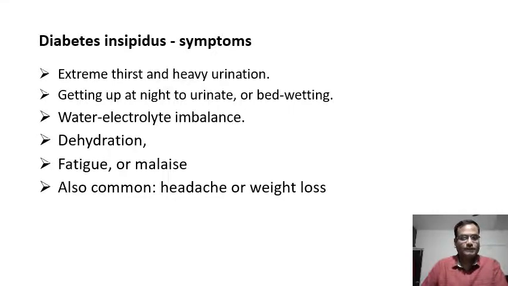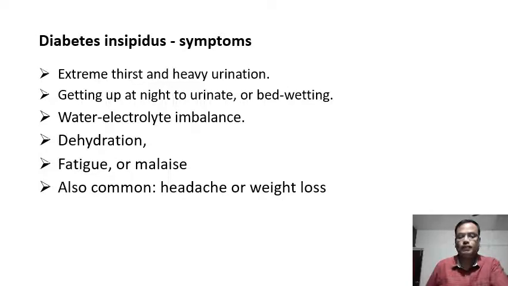large quantities. Now some of the symptoms of diabetes insipidus include extreme thirst and heavy urination. So this is the most important symptom. The person feels thirsty always and he drinks a lot of water, of course. And it is associated with frequent urination.